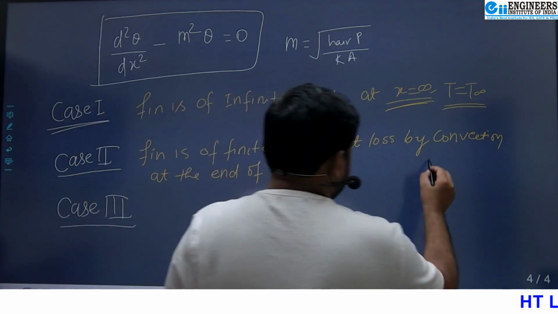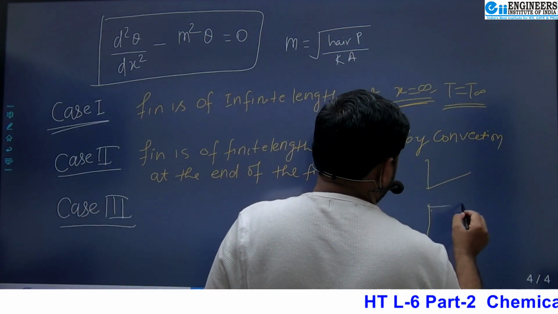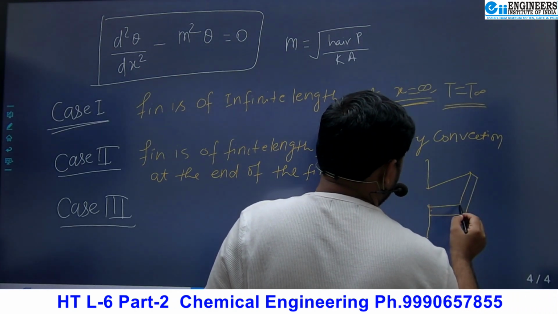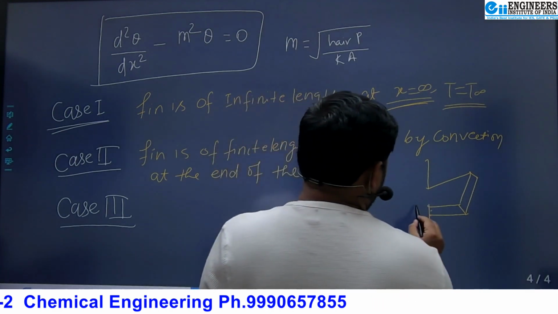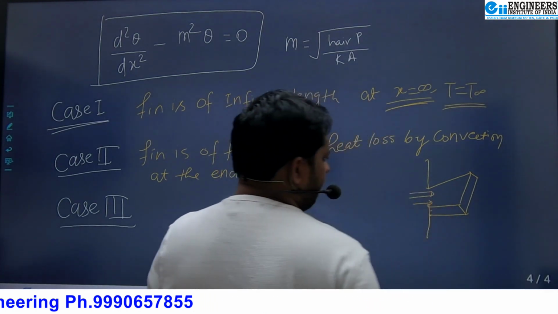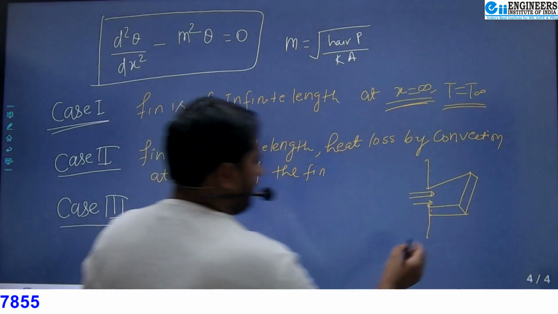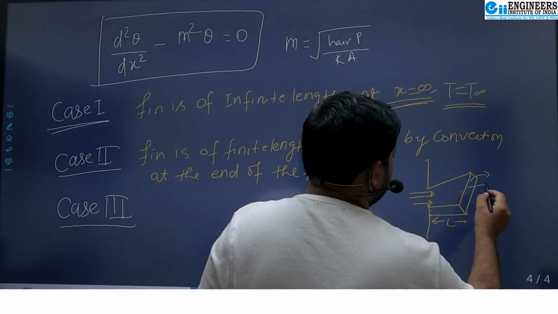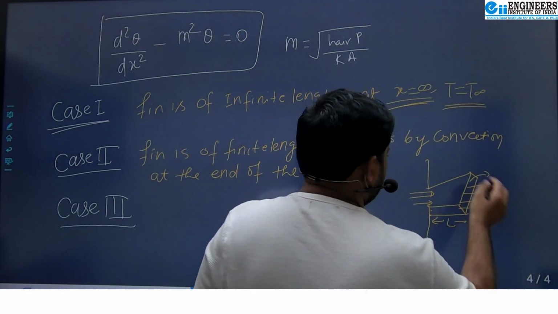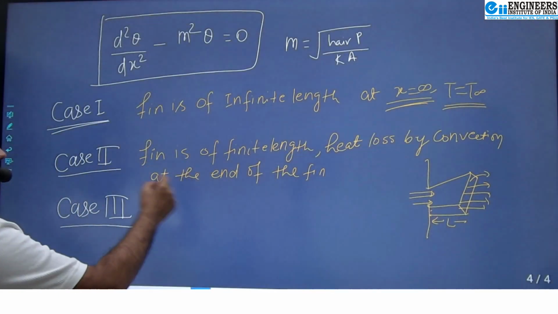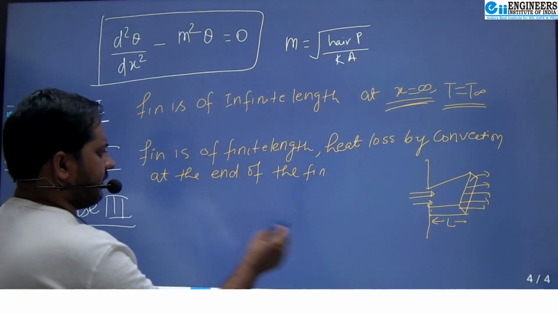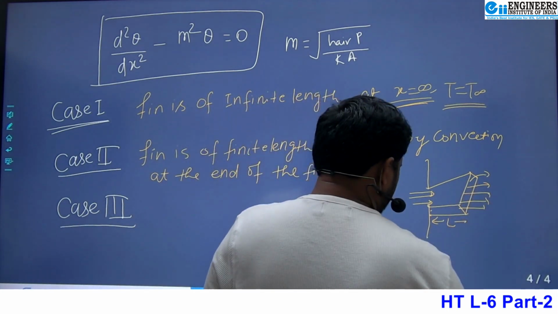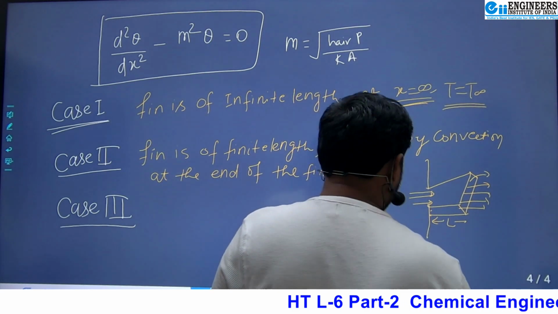If our fin is like this, whatever heat is entering here, the length is finite, and heat is convected away from this end surface. So the fin is of finite length and heat loss is by convection at the end of the fin. Here convection is also involved along with conduction at the end of the fin. So this is case 2.